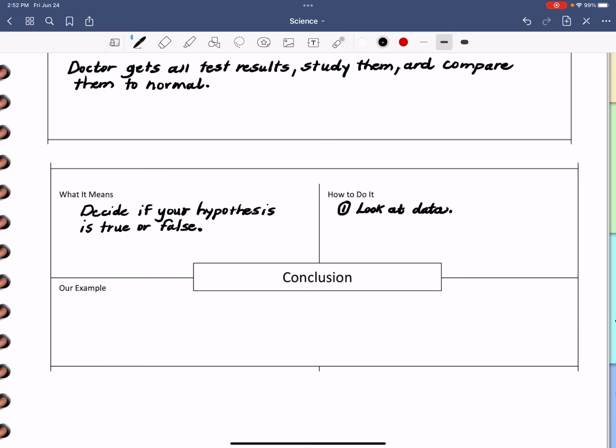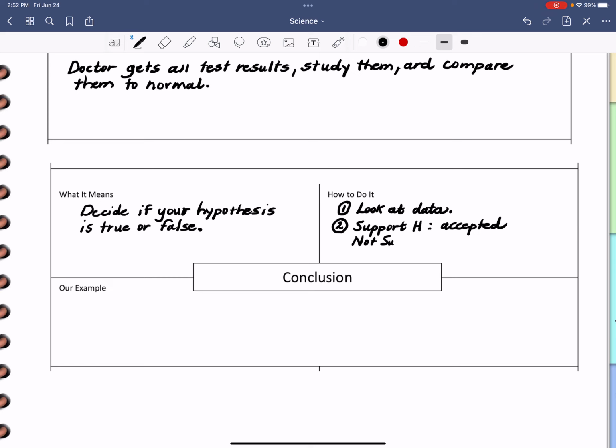Okay. Number 2, if data supports your hypothesis, you will say that the hypothesis is accepted. If your data does not support, this is not really another step, it's just part of the same one.